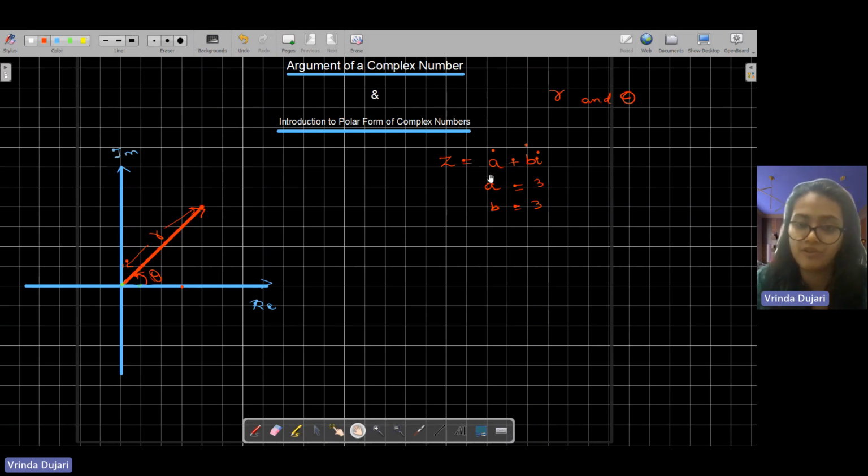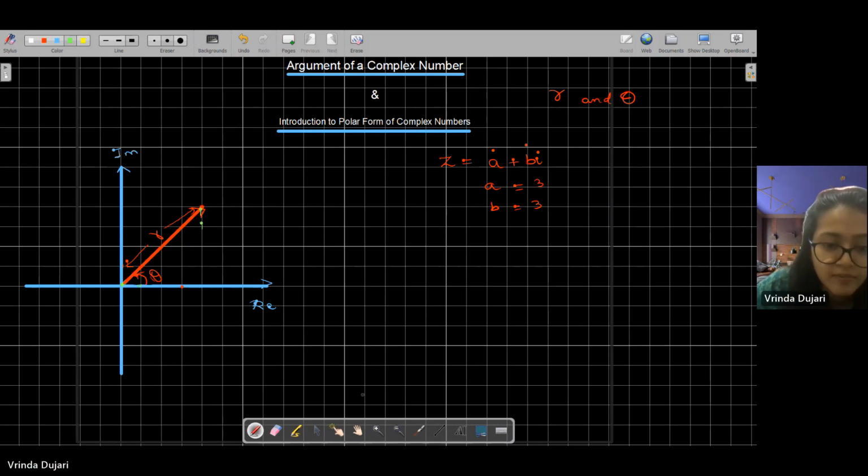Then from a and b, we will move to r and theta. All right, so let's get started. I'm going to complete this triangle. It always comes down to the Pythagorean theorem. So this completes the triangle.